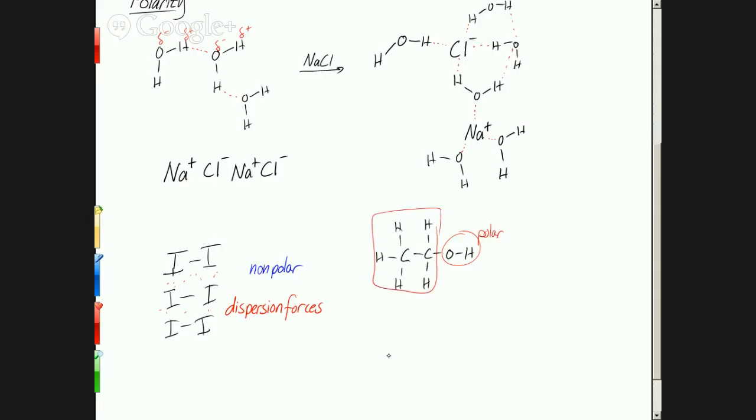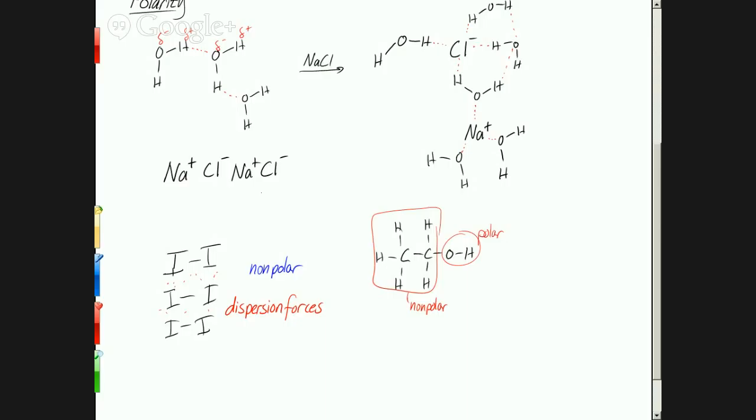But this other carbon-hydrogen part is nonpolar, just like cyclohexane or something like that. So sometimes ethanol can dissolve some nonpolar things, sometimes some polar things. Sometimes ethanol can't dissolve some ions because it's not polar enough for some types of ions.